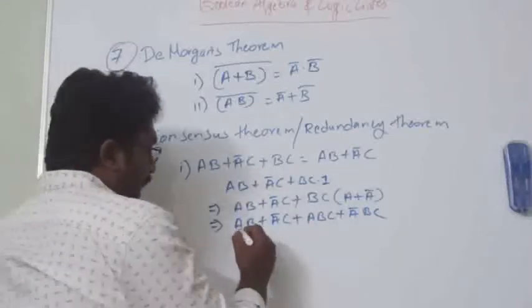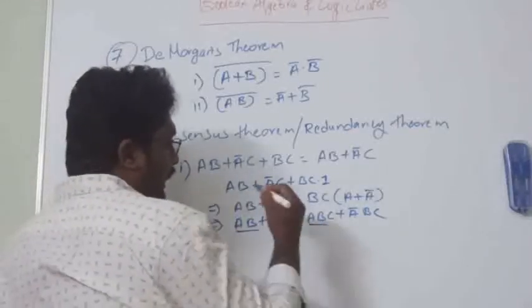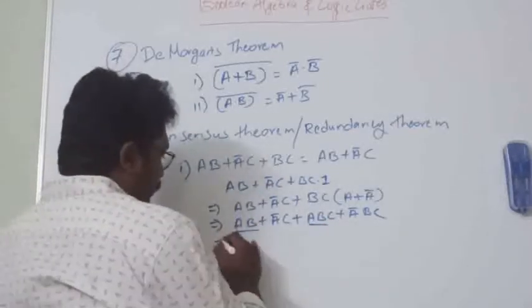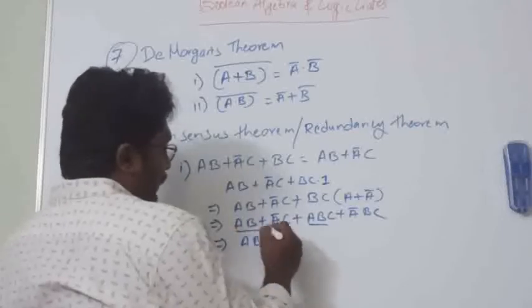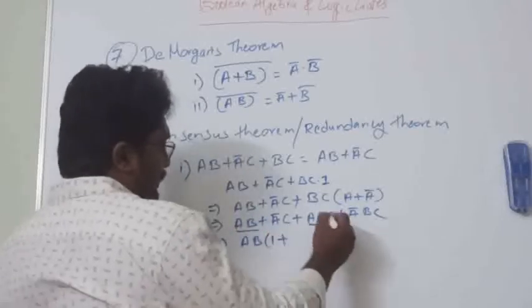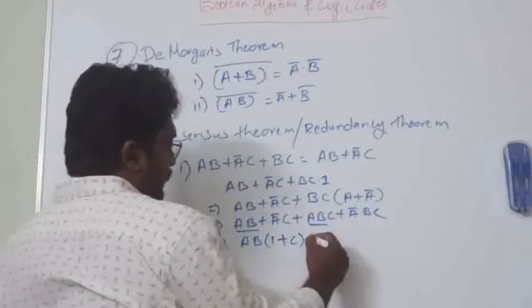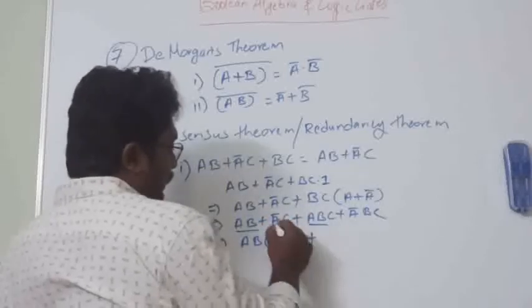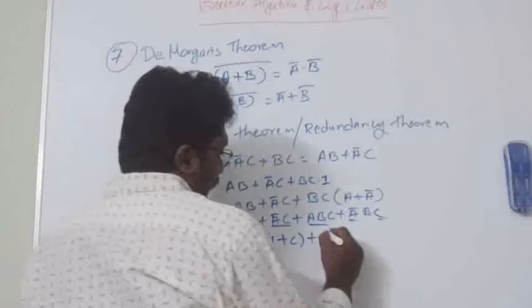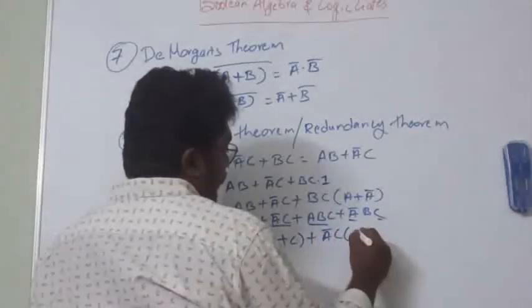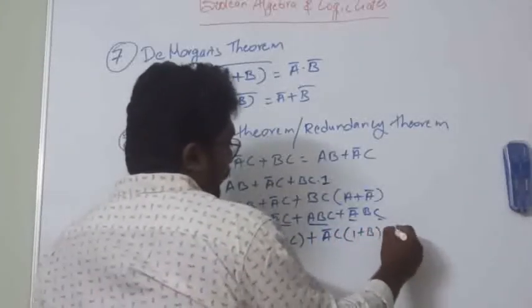Here I have AB in common, so I take AB common and I am left with 1 plus C. And again A bar C is common, so A bar C times (1 plus B).